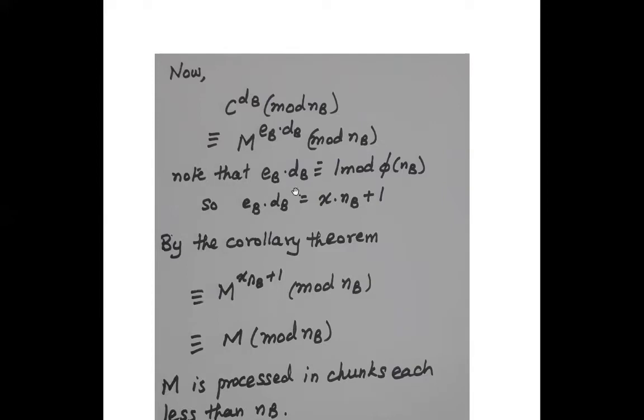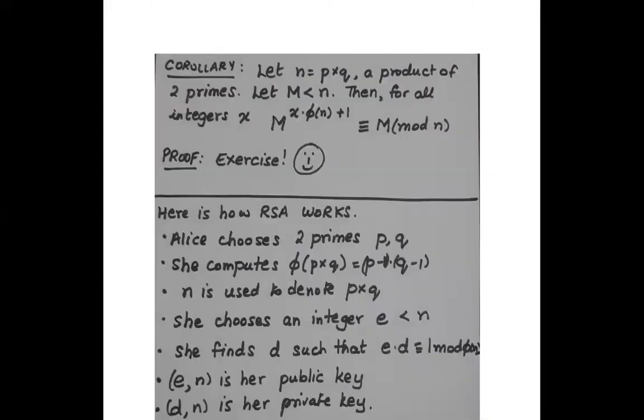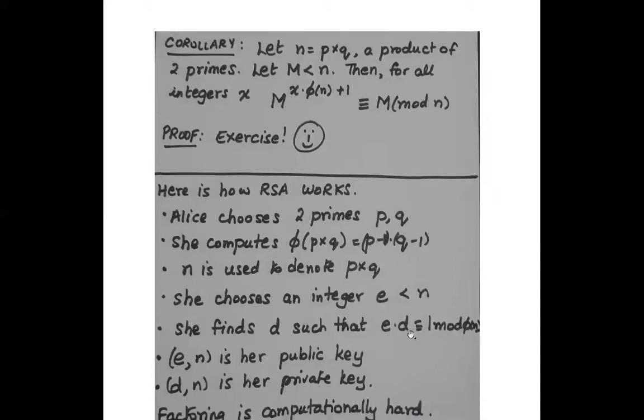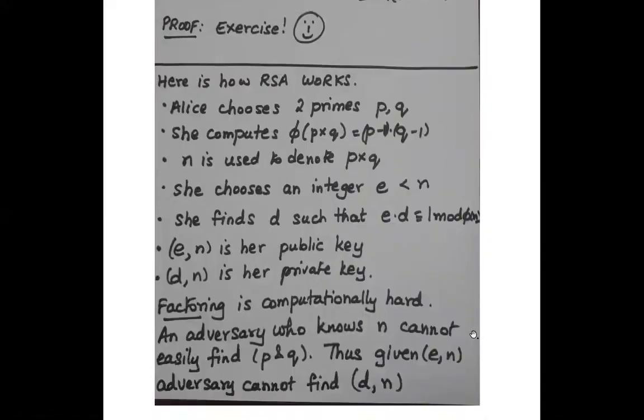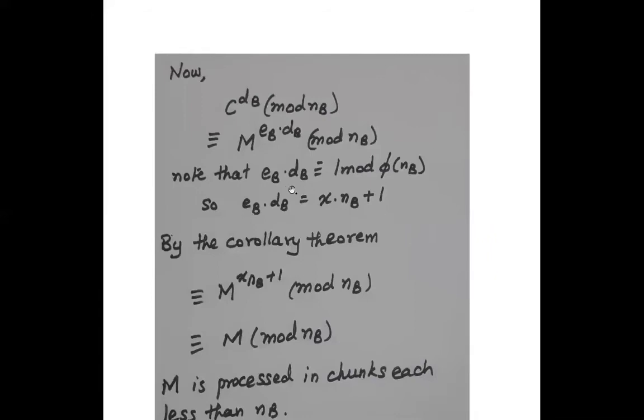But we know that EB times DB is chosen such that it's congruent to 1 mod phi of NB. Okay, that's how we chose E and D, right? We chose E and D so that they're congruent to 1 mod phi of N. So EB times DB is congruent to 1 mod phi of NB. What does that mean?